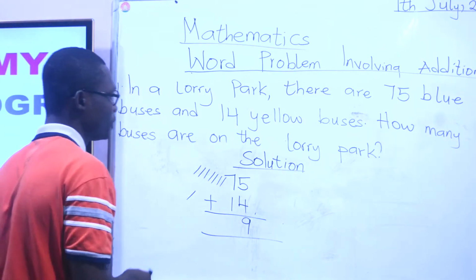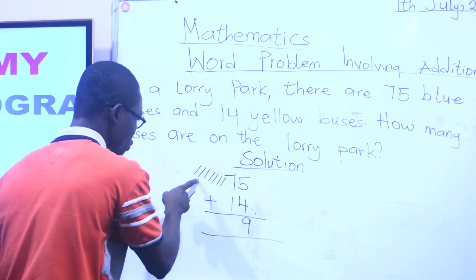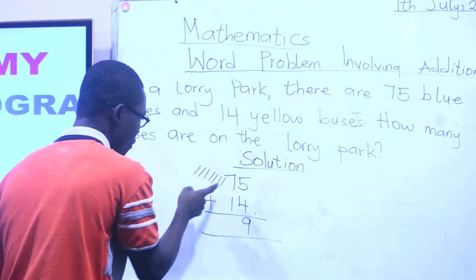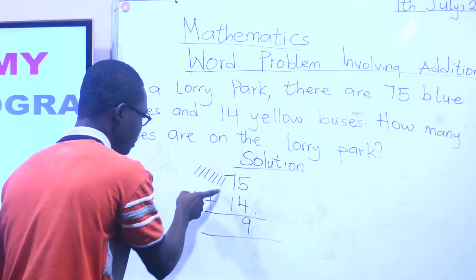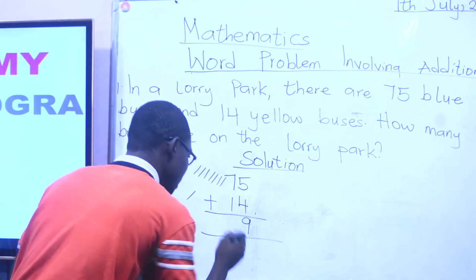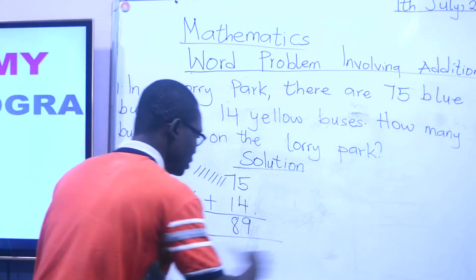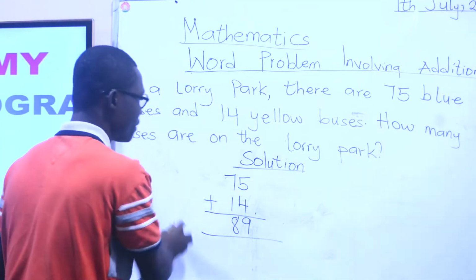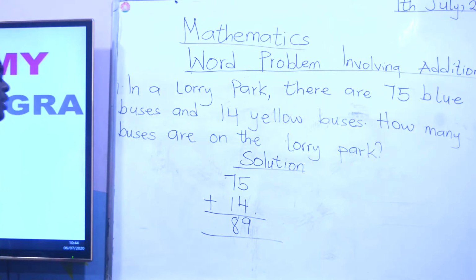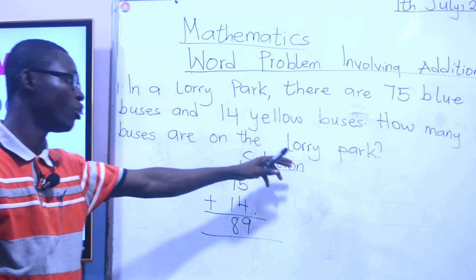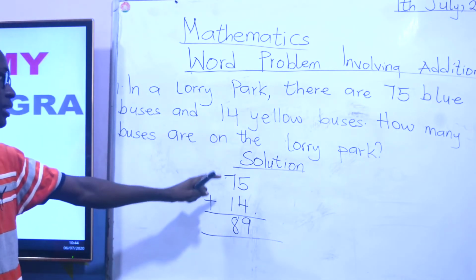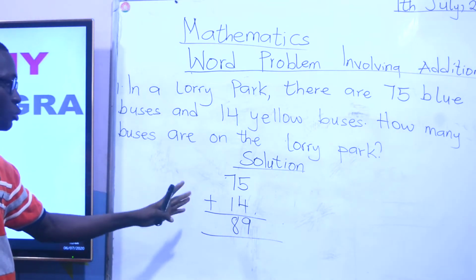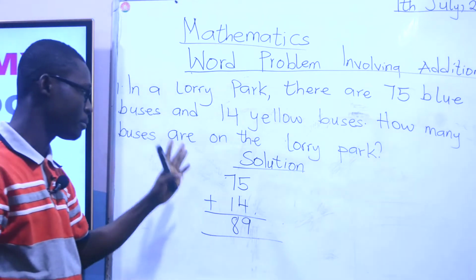So let's put all of them together. 1, 2, 3, 4, 5, 6, 7, 8. Then we write our 8. So it means that 89 buses will be on the lorry park.